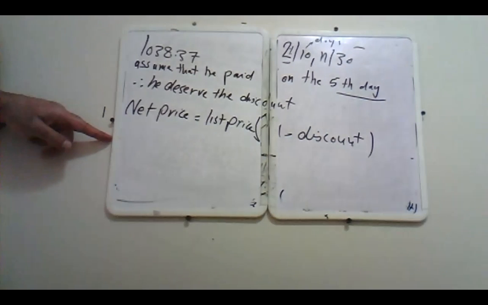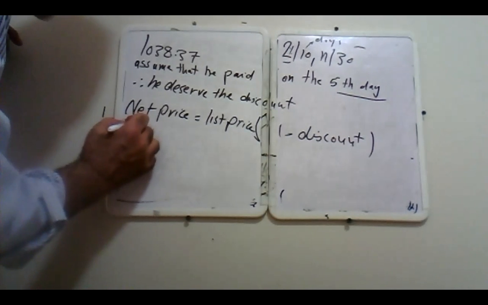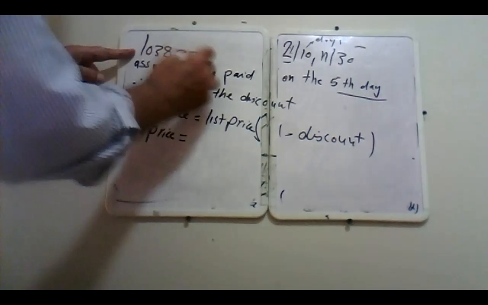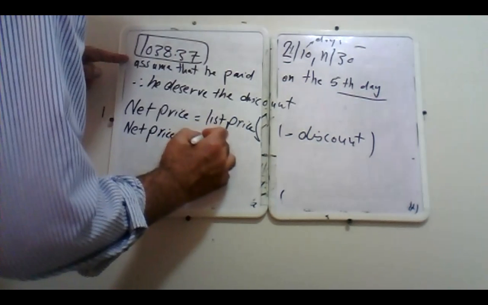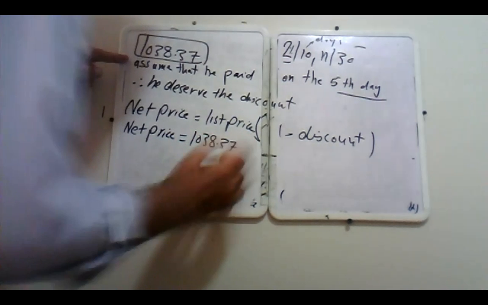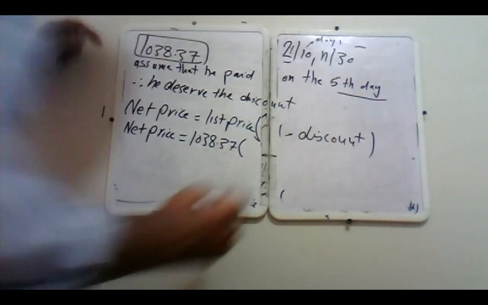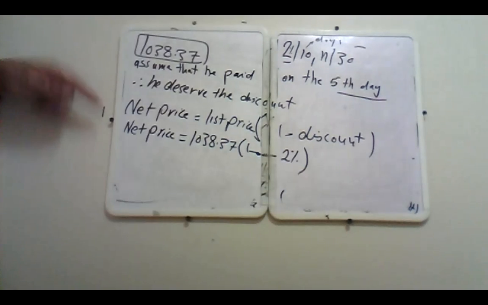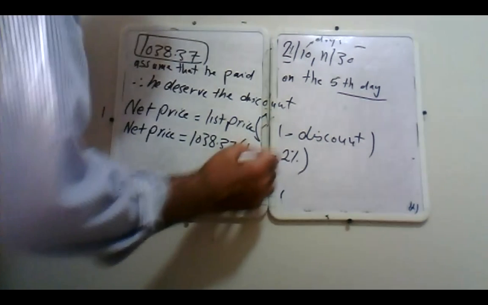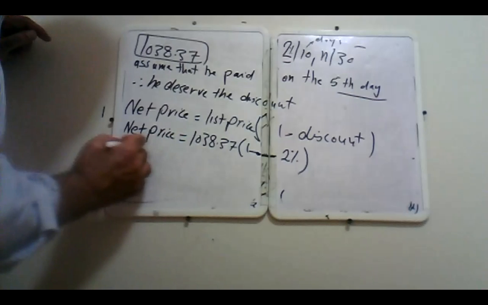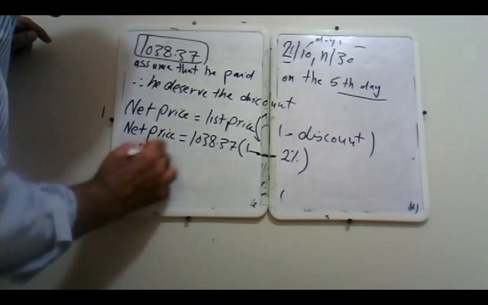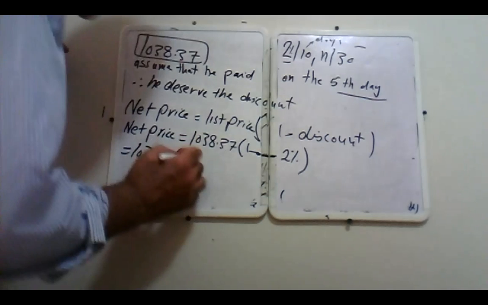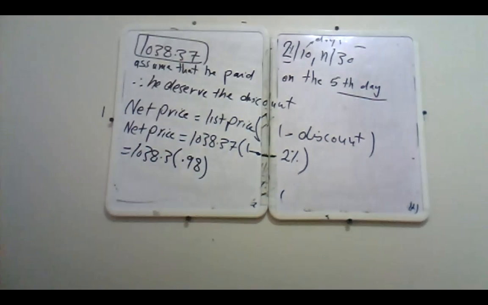If I apply this now, the net price, meaning what the buyer will pay, is the list price 1038.37 multiplied by 1 minus 2%, which is 98%.